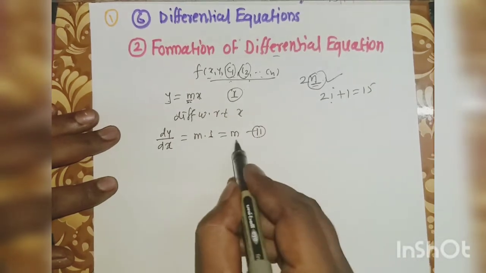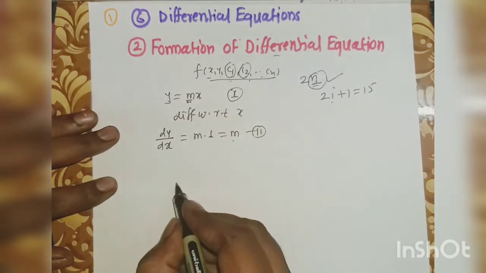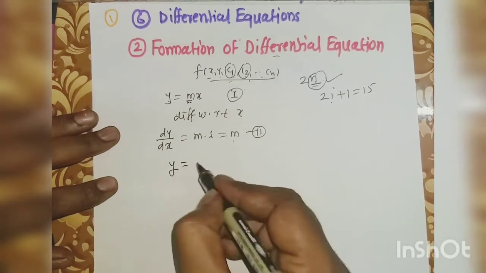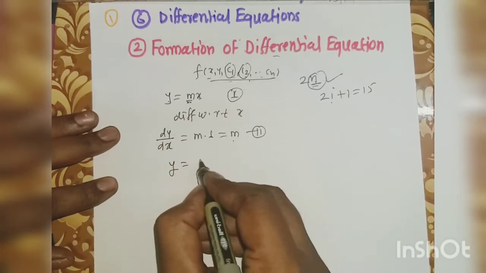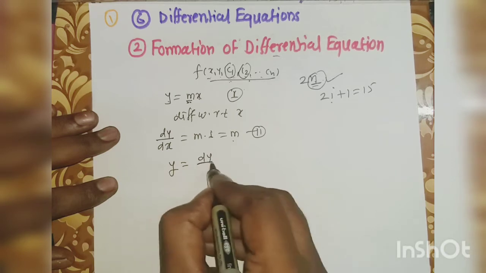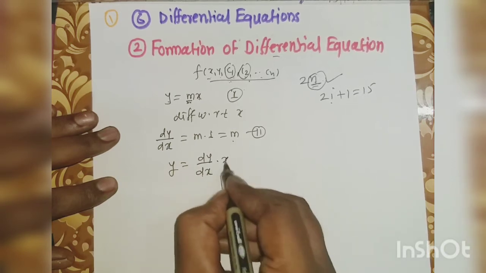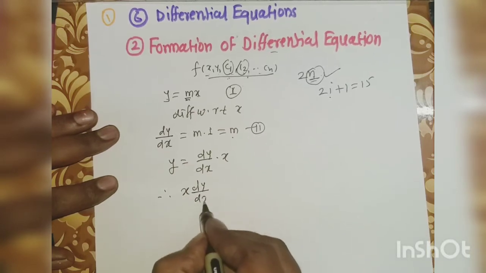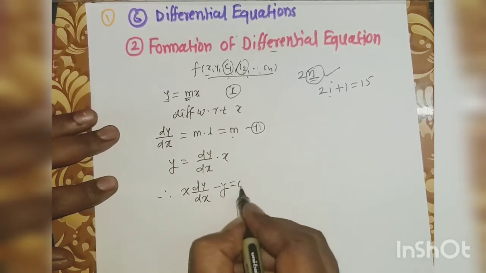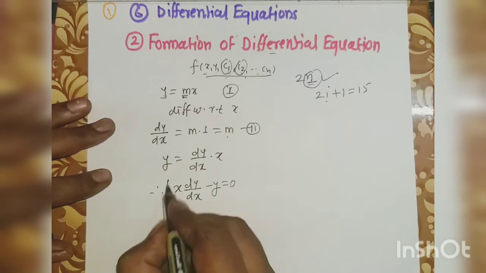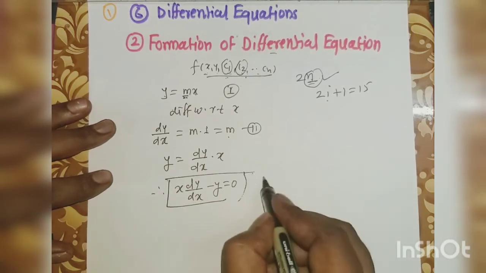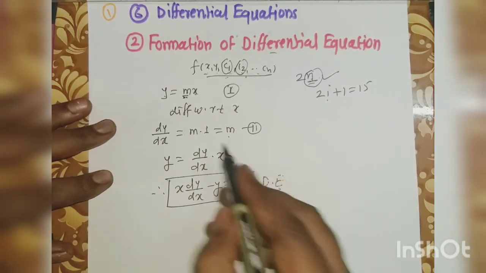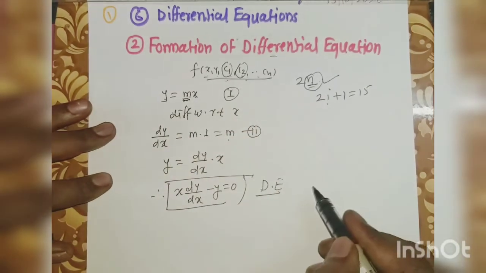Equation 2. Substitute the value of m in equation 1, then y is equal to dy by dx into x. Therefore, x dy by dx minus y is equal to 0, which is called the differential equation, obtained by eliminating the arbitrary constant m.